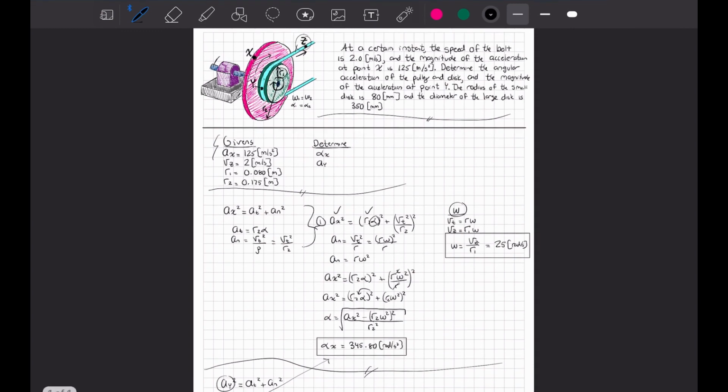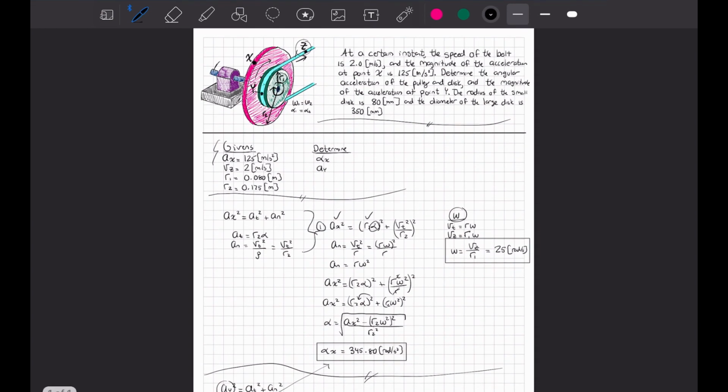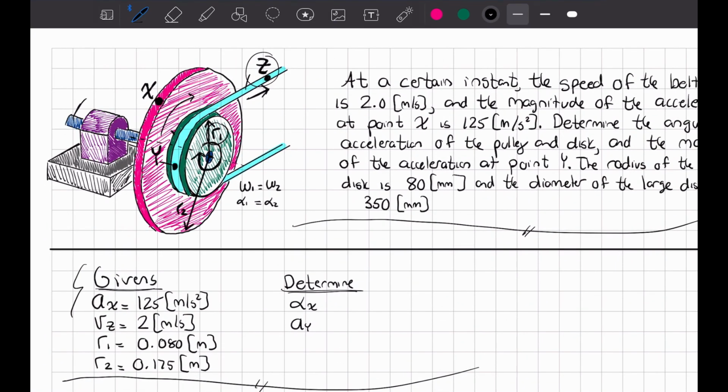And that's our problem. So again, let's just summarize. I can't emphasize it enough. When you're working with these problems, physically think about what is happening. We have this belt being pulled to the right that causes the entire system to spin clockwise about that fixed blue axis.